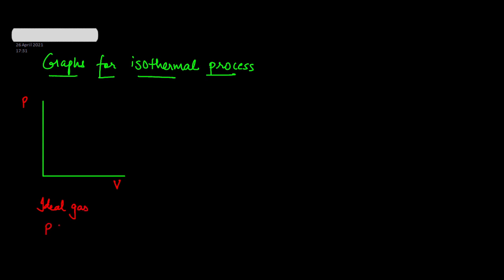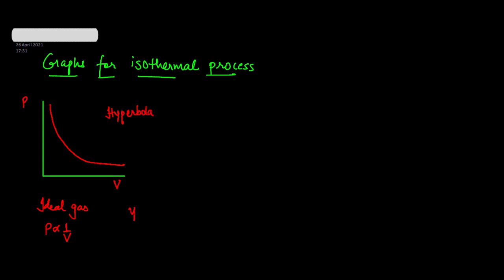That means pressure is inversely proportional to volume. So this will give a hyperbolic graph. The graph shape will be like this, which is a hyperbola.